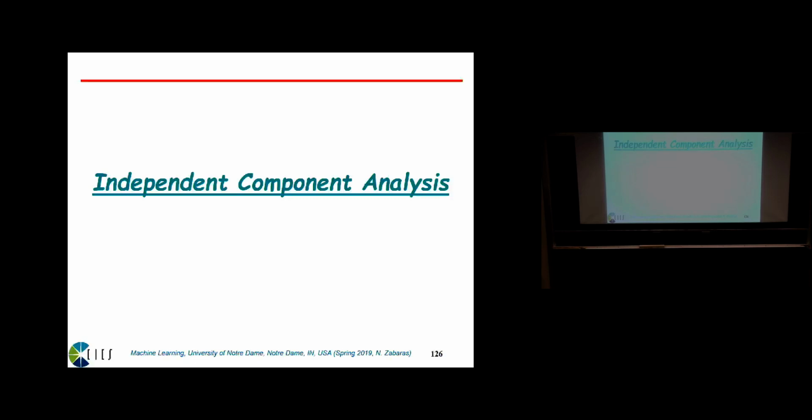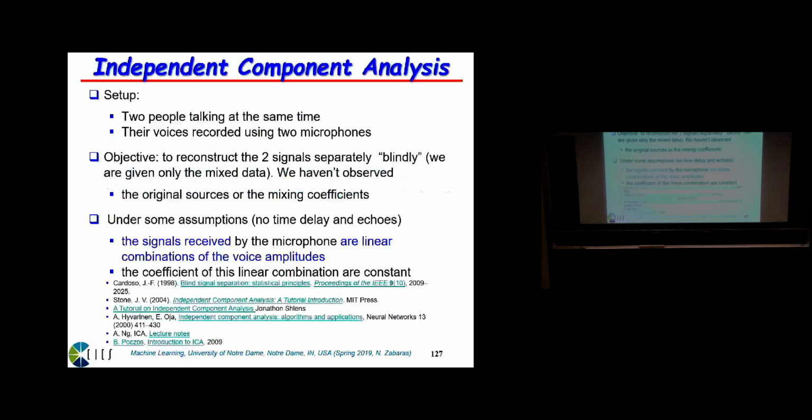So if you are interested, there is a link under this on Wikipedia that in extremely readable format, even though there are some typos I noticed last night, you can read about what's called independent component analysis. So let me define what the problem is.